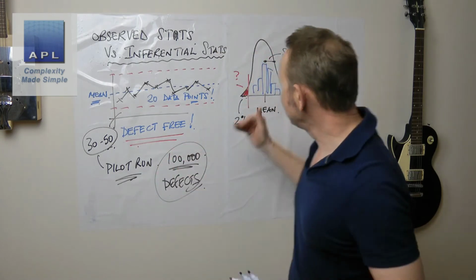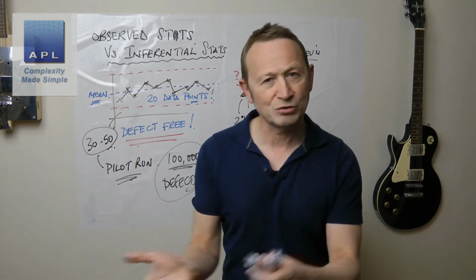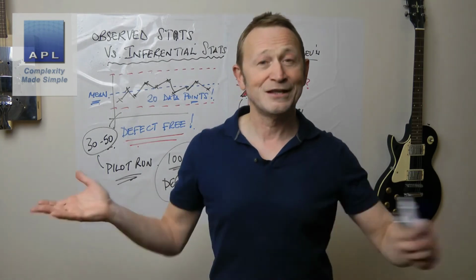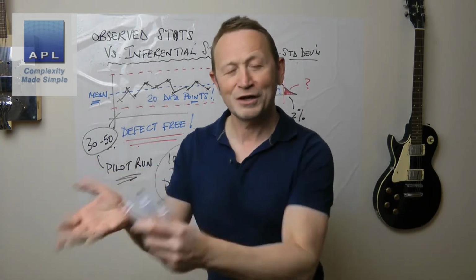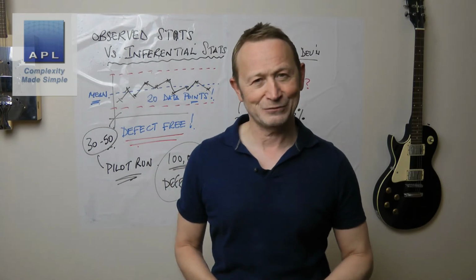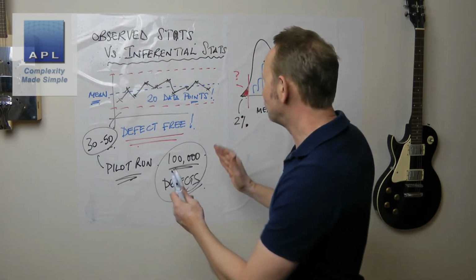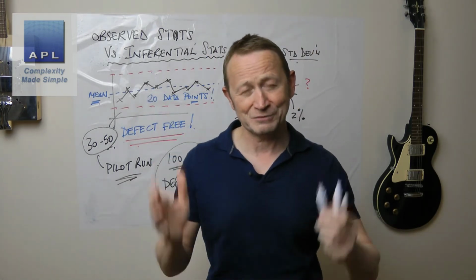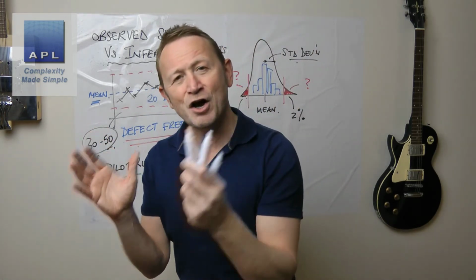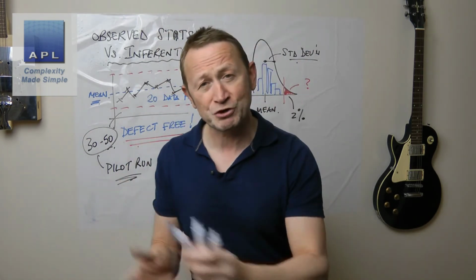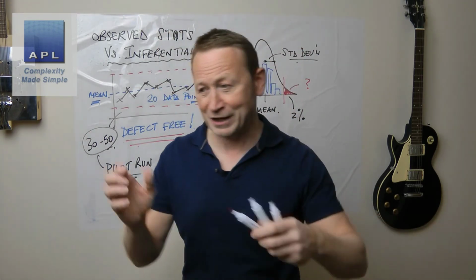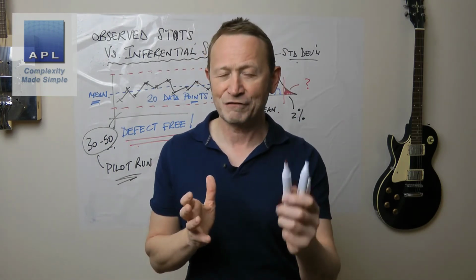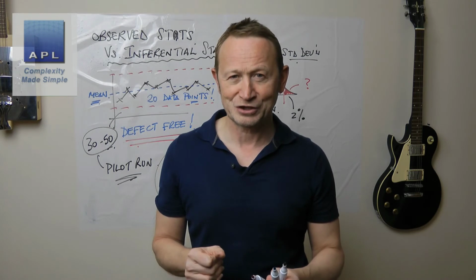So, you know, the mean and the standard deviation, maybe you were taught it in a class at school, maybe you were taught it in a class at college or university, and you didn't think it was any use at all apart from passing your exams. That's not true. You can get much deeper understanding of your data sets, much deeper understanding of your processes. You can predict your long-term defect rates from the first 30 data points if you use inferential statistics.